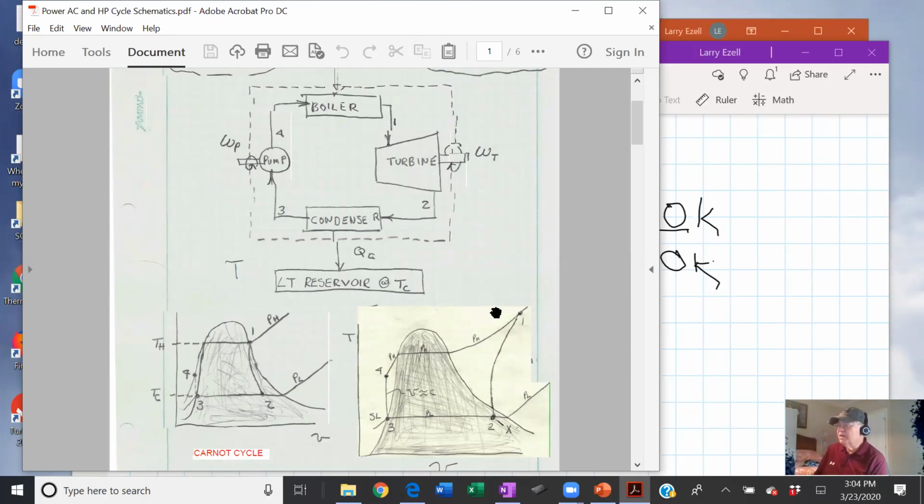So there is a practical limit on maximum temperature, just like with a heat pump. There's a practical limit on how cold the temperature outside can get for the heat pump to continue to function properly.